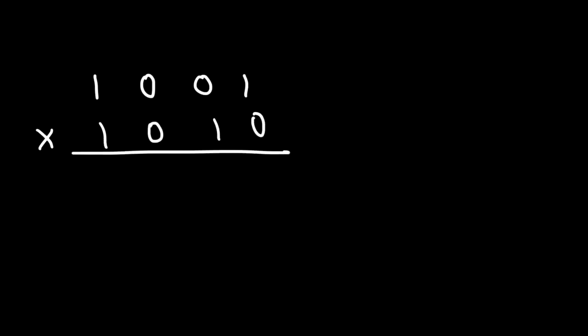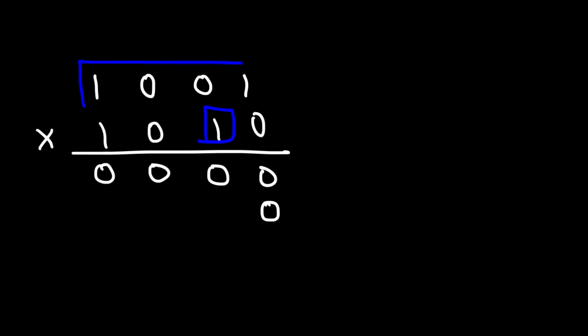Let's work on another example. Let's multiply 2 binary numbers with 4 digits each. So here we have a 0, and we're going to multiply by 4 numbers, and that is going to give us 4 zeros. Now let's add a 0 to move on to the next row. Here we have a 1, and we're going to multiply by 1001, and so that will give us 1001.